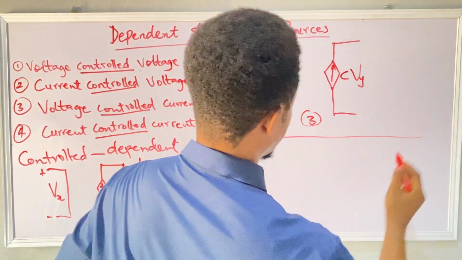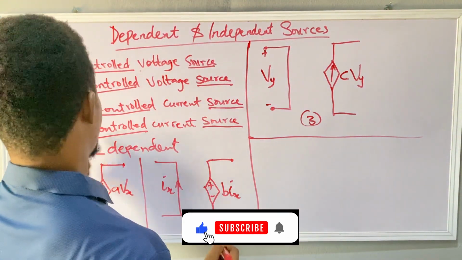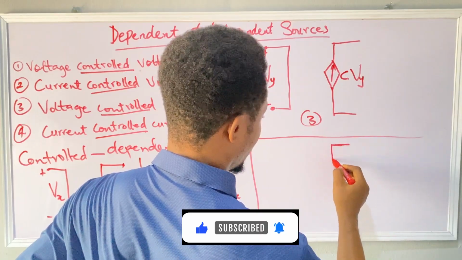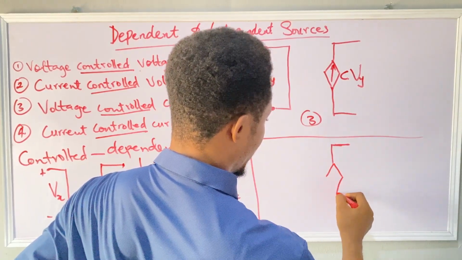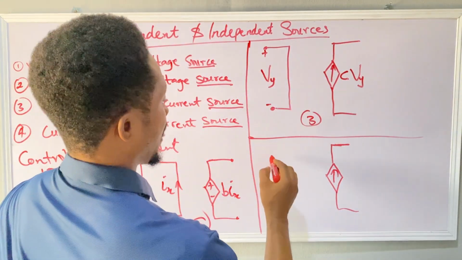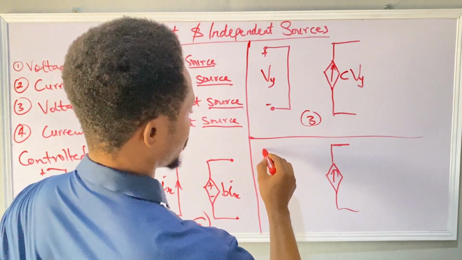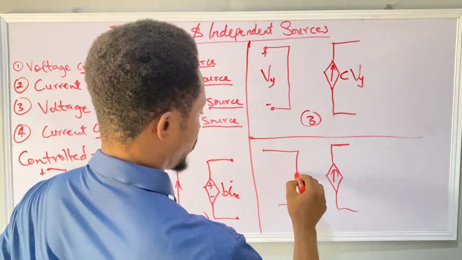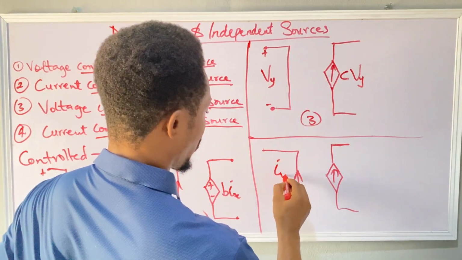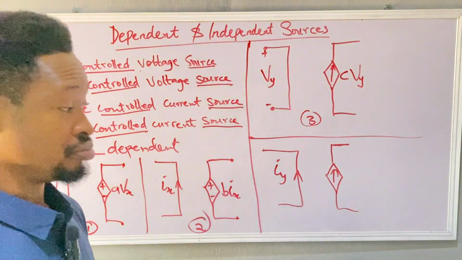So we go to the last part, current controlled current source. We have a current source somewhere that is flowing, and then we have another current. We call this Iy for an example.